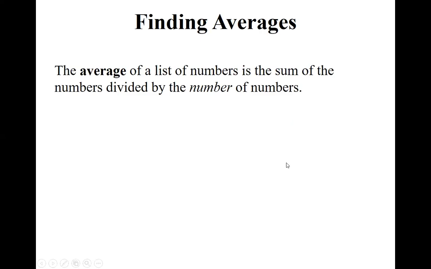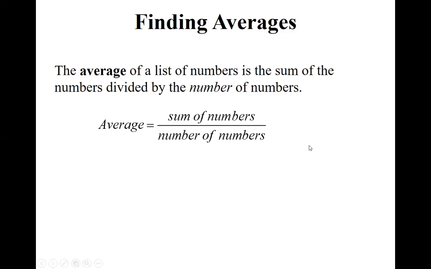Let's talk about finding averages. The average of a list of numbers is the sum of the numbers divided by the number of the numbers. So add them up and divide by how many there are. So if we wanted the average of 37, 26, 15, 29, 51, and 22, we would add them up.